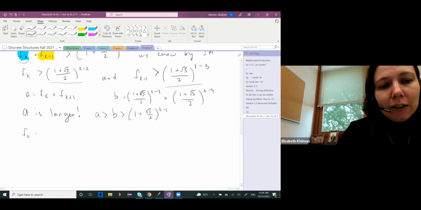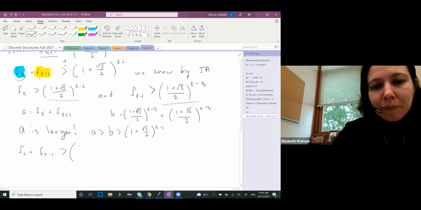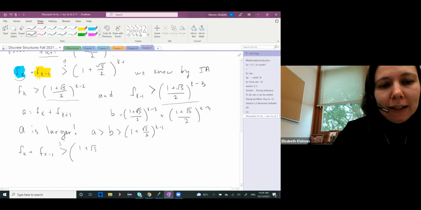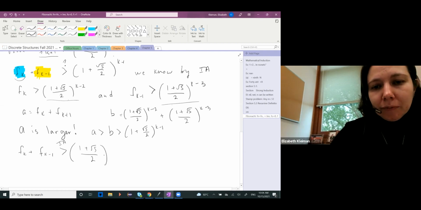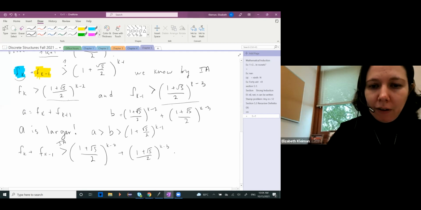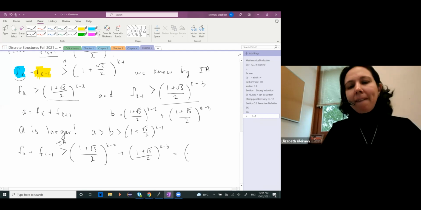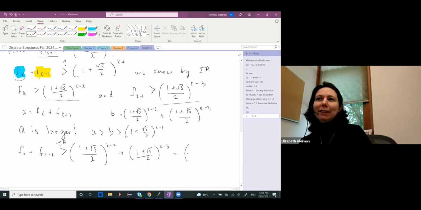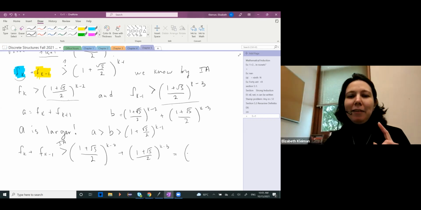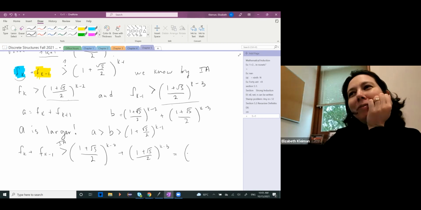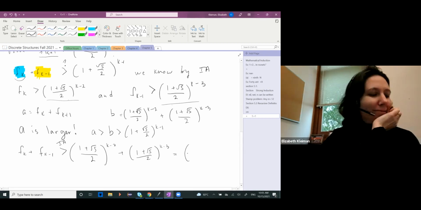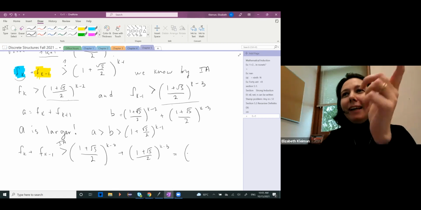So let's do some math. We know this is bigger than B using the induction assumption. What power is smaller, k minus 2 or k minus 3? K minus 3.